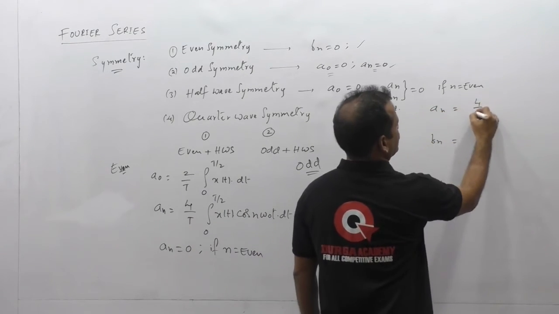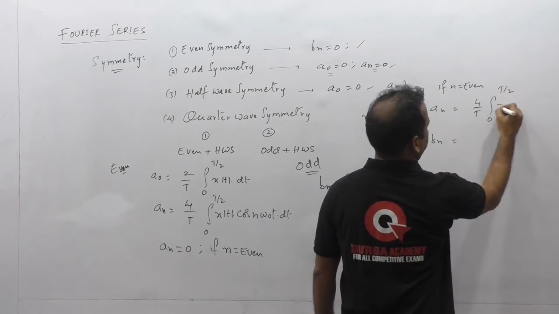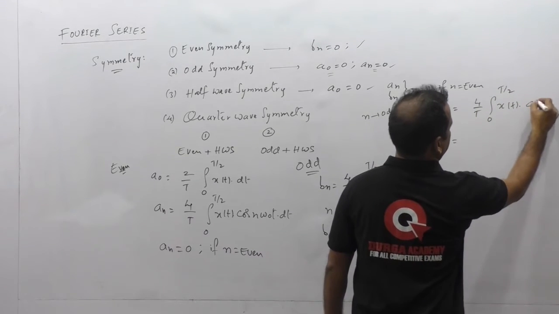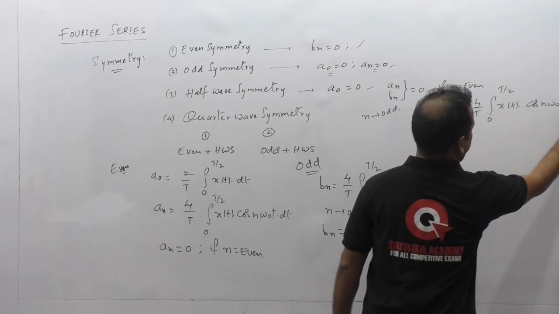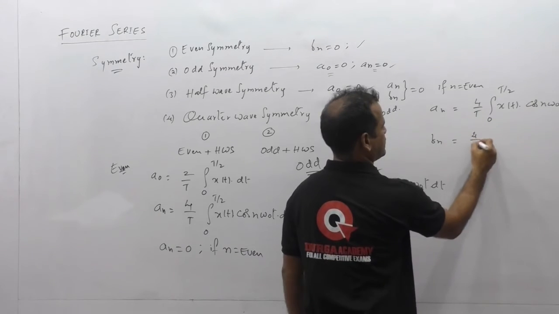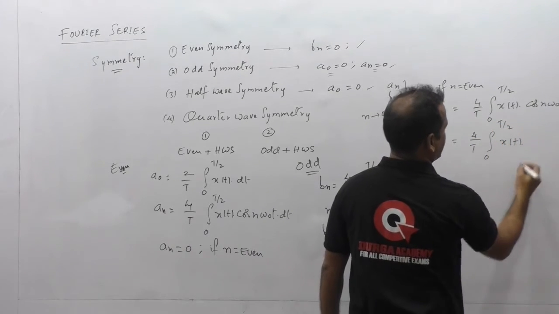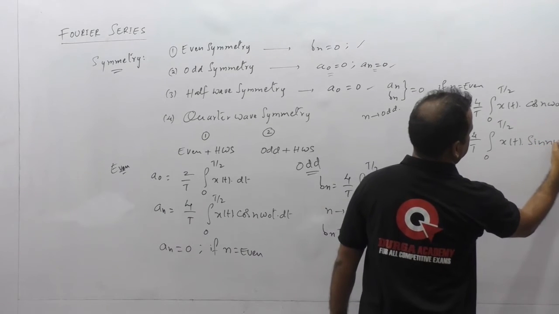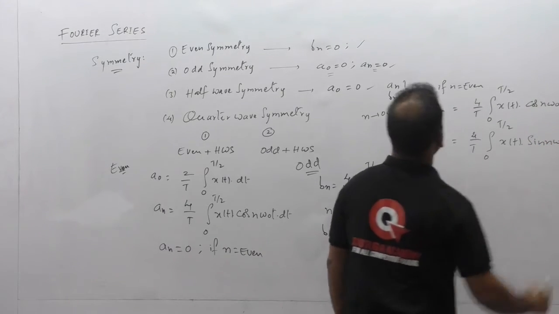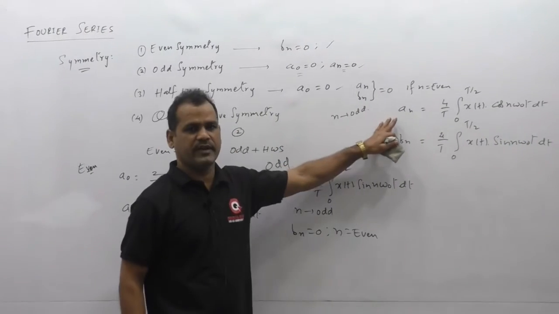Those are 4 by T integral 0 to T by 2 x of t cos n omega naught t dt, and then 4 by T integral 0 to T by 2 x of t sin n omega naught t dt. So this is for half wave symmetry.